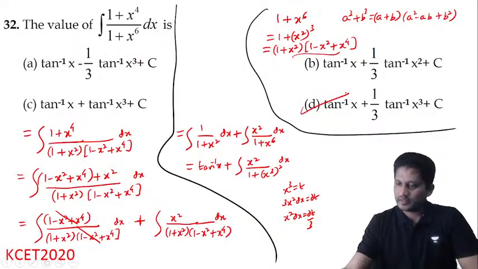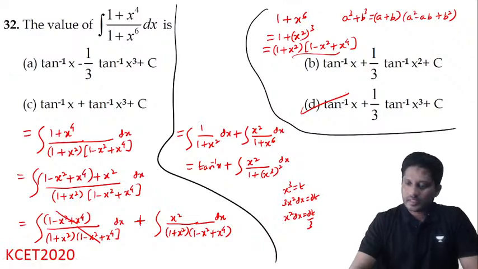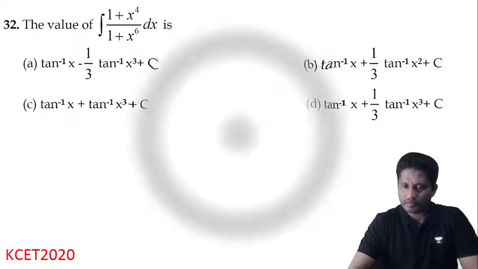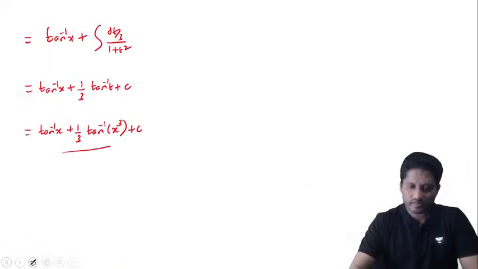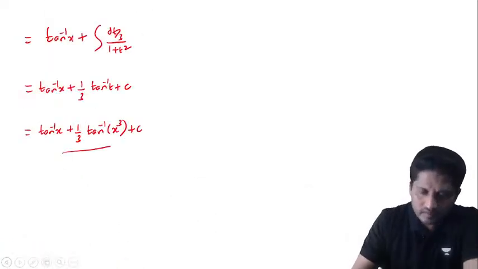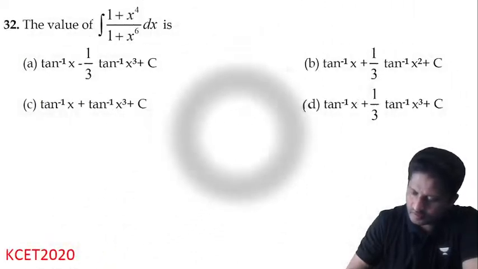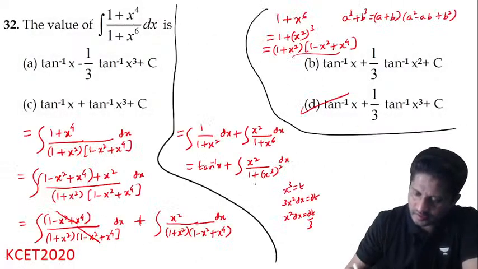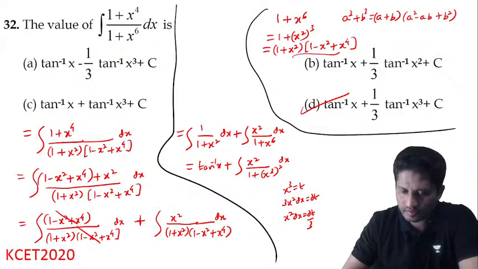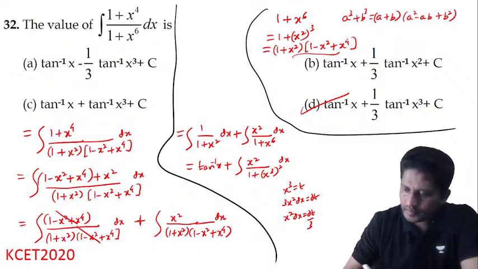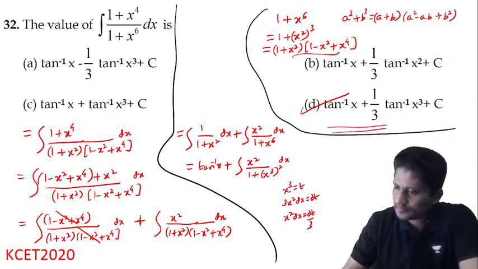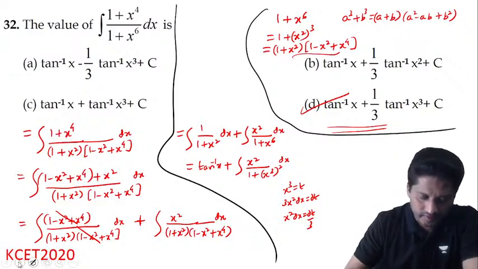Answer is option D. Let me just check whether it is x cube or x square. In the substitution I took t as x cube, and the whole square, so 1 by 1 plus t square. Answer is D only. Let's move to the next question.